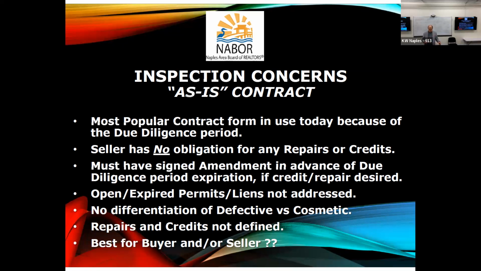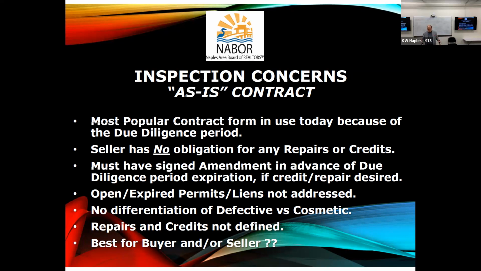In both the neighbor and FAR contract, there's a very strict definition of what's defective and what's cosmetic. If it's cosmetic and the buyer asks you for it, you can say, sorry, this isn't a brand new house. It has some wear and tear, it needs some caulking. It's got a torn screen, a missing screen. All of those things are excluded as cosmetic conditions in the contracts.